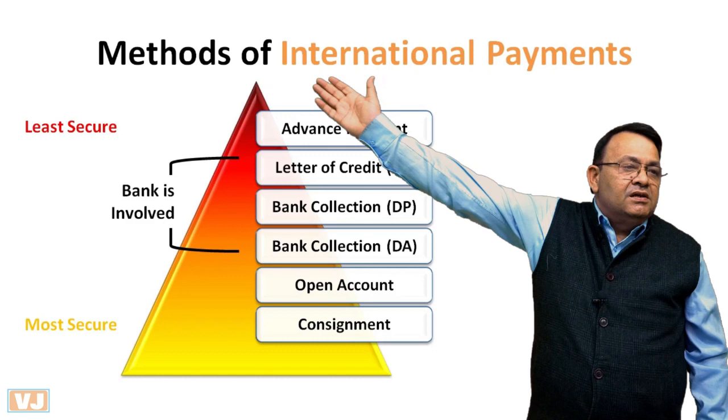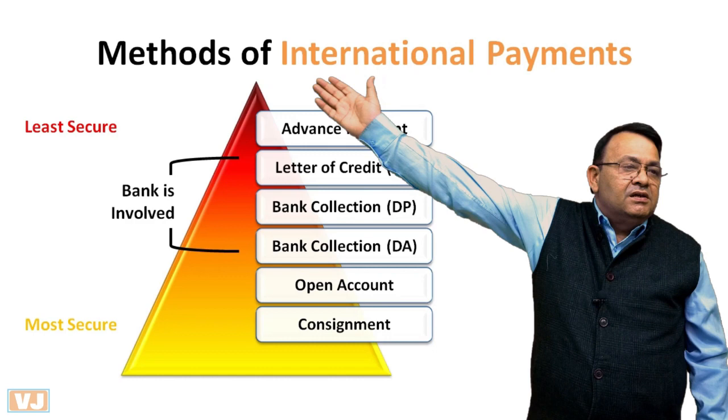As you can see here in this particular diagram, there are several methods of making international payments, starting with the advance payment, to the letter of credit, that is the documentary credit, to the bank collection against the DP, that means documents against payment, and the bank collection against DA, that is the documents against acceptance, to the open account and the consignment sale.